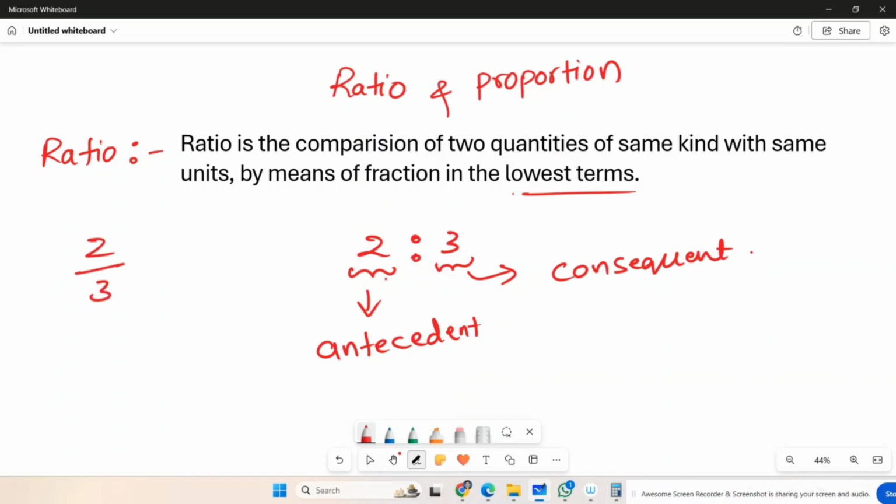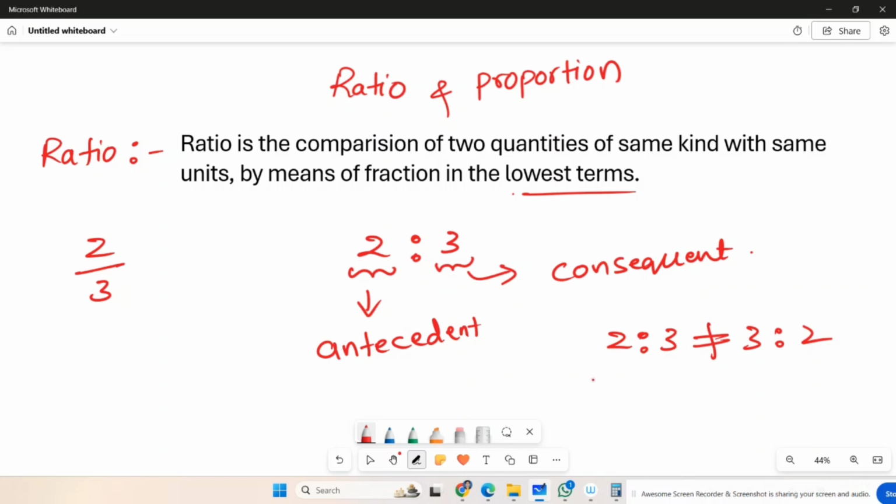The same way in the ratios, the first term is antecedent, the second term is consequent. And always remember that in the ratio, the order of quantities is important. For example, 2 is to 3 is not same as 3 is to 2. Order is always important. 2 is to 3 can never be same as 3 is to 2.